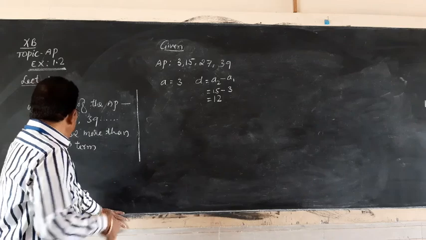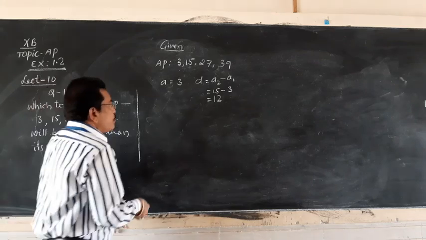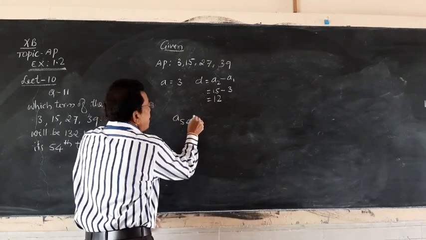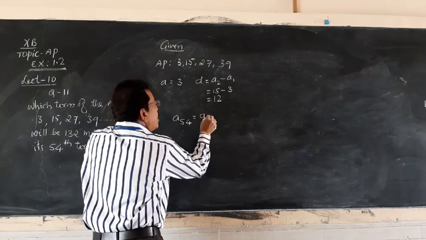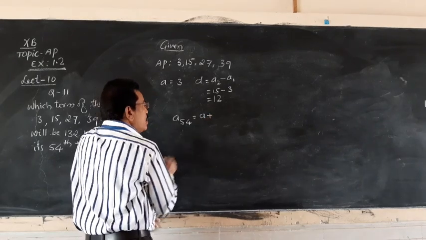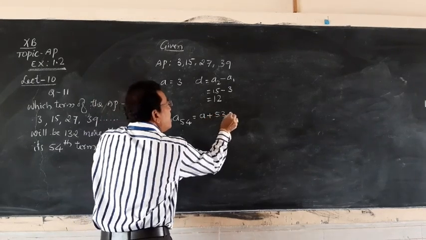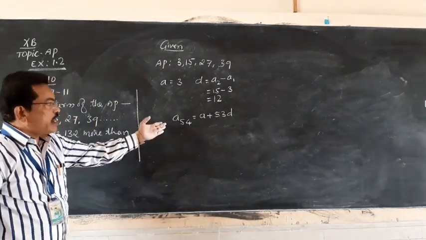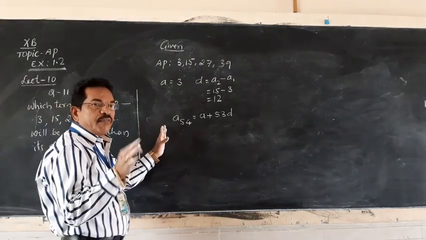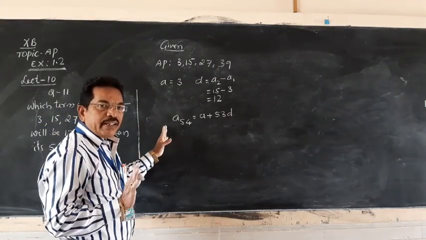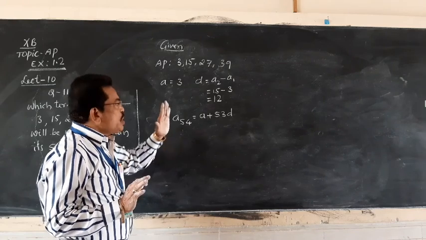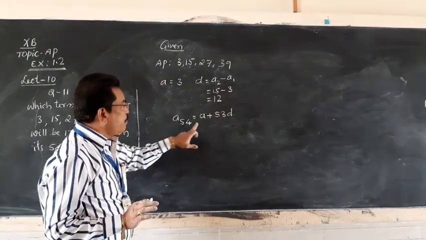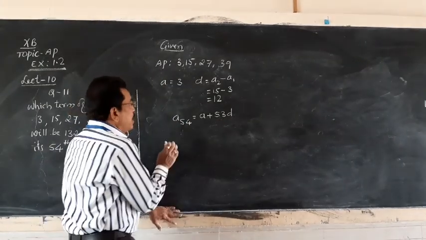Now let us find the 54th term. A54 equals A plus 53D. Use this technique only. Don't use the full formula everywhere, that becomes very lengthy. This is the shortened form of simplification of AP. A54 equals A plus 53D.